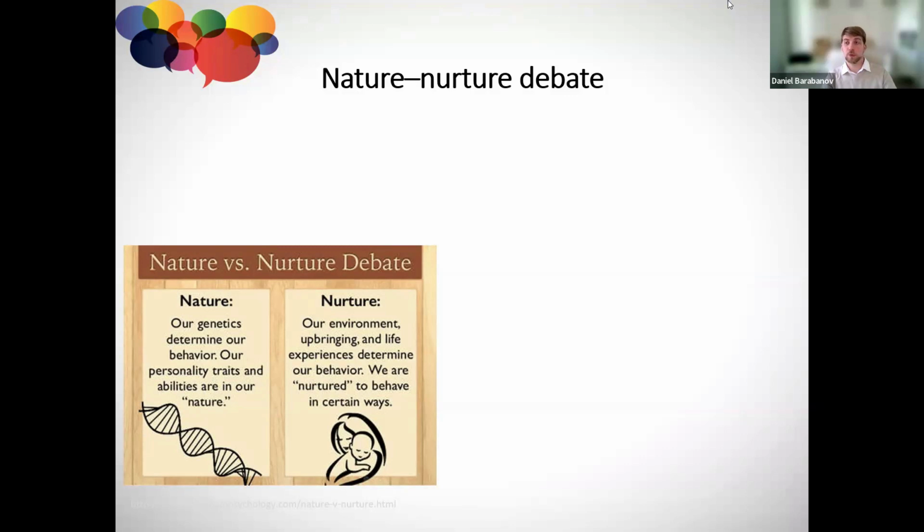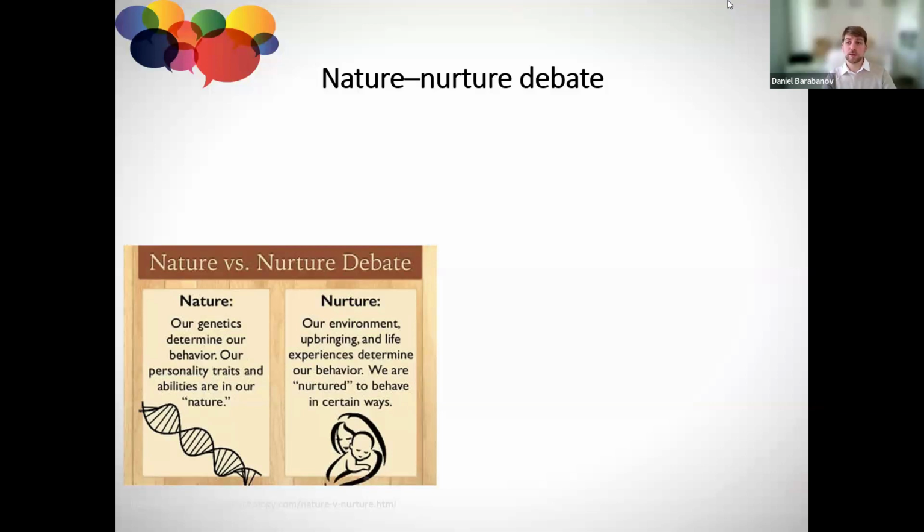Usually when we speak about the nature-nurture debate, we mean by nature our genetics, our personality and abilities which are in our nature. You cannot change your genetics, you just have it from the moment of birth. But nurture is our environment and how we nurture our children, upbringing and life experiences and education.